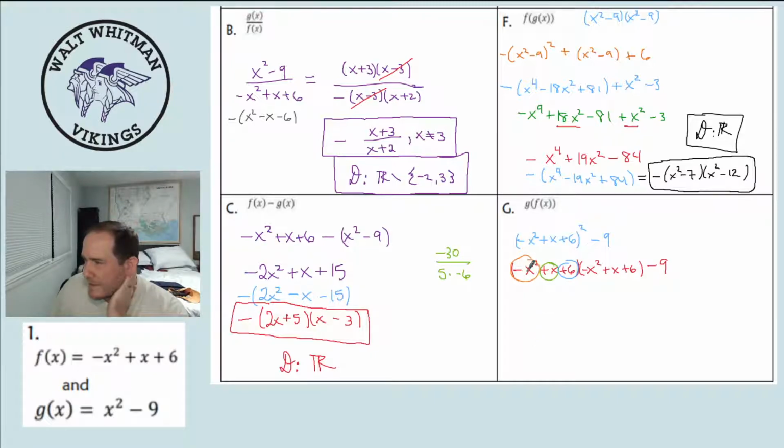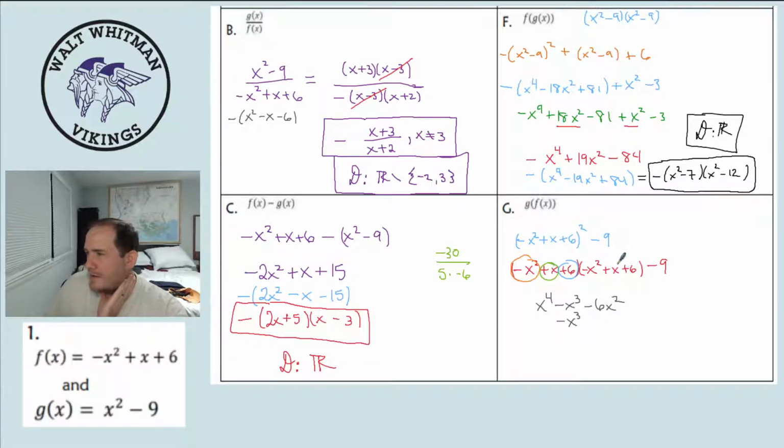So we're going to get positive x to the 4th, and then minus x cubed, and minus 6x squared. Then we'll distribute this x and we'll get negative x cubed, which I'll align with the other x cubed.